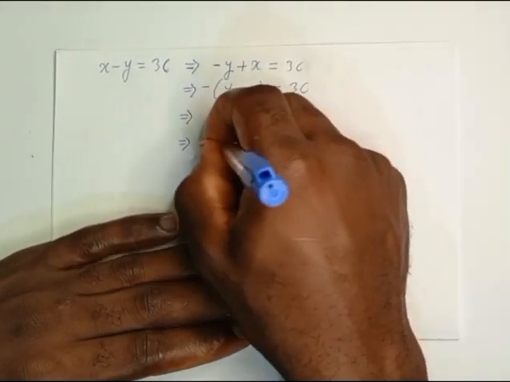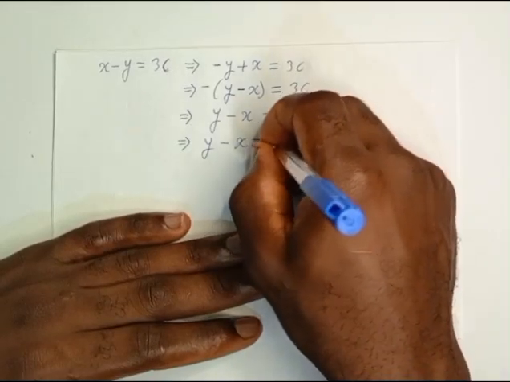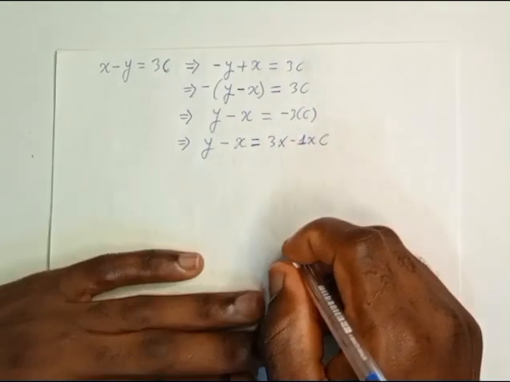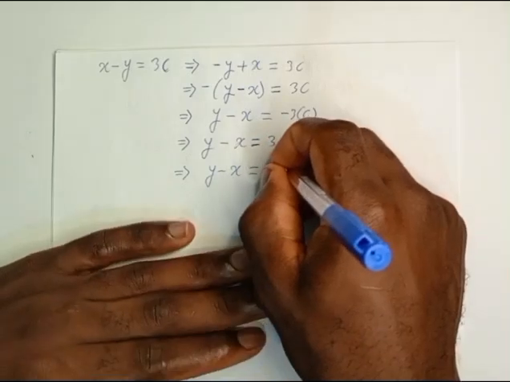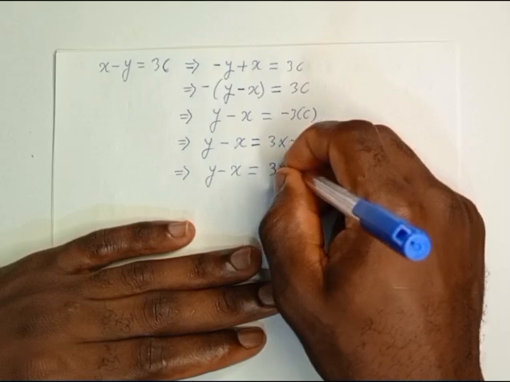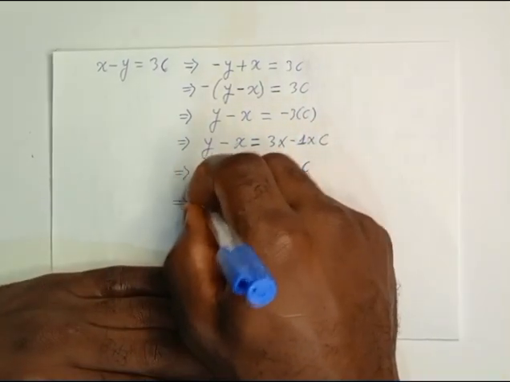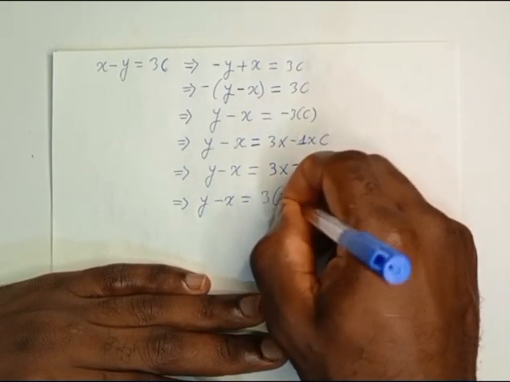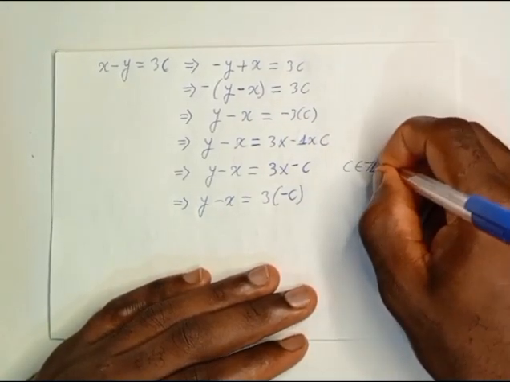This will give us y minus x to be equal to, we can express negative 3 here as 3 times negative 1 times c. This will give us y minus x to be equal to 3 times negative 1 times c. Negative 1 times c gives us negative c. This will imply that y minus x is equal to 3 times negative c. Then you must recall that c belongs to the set of integers.